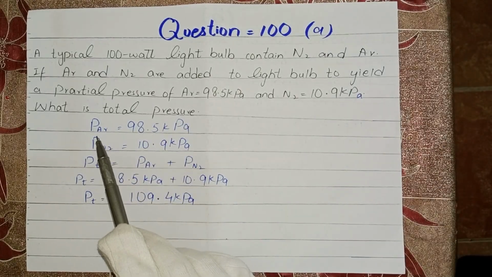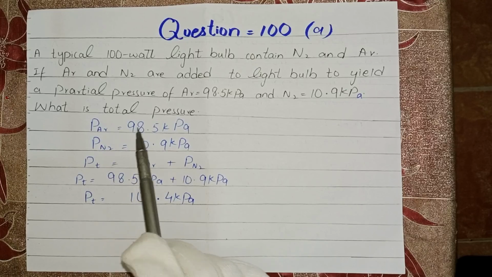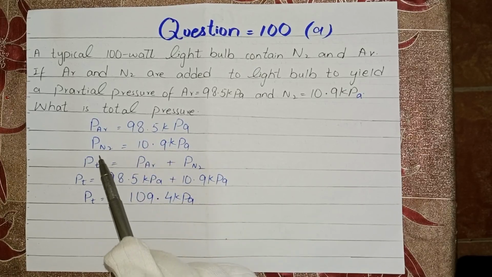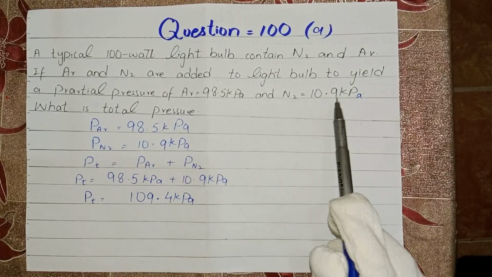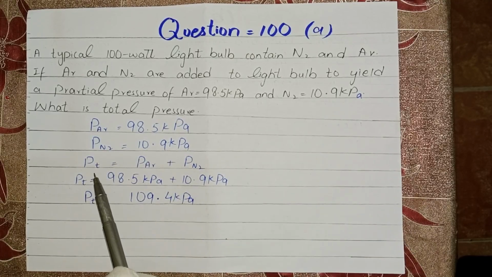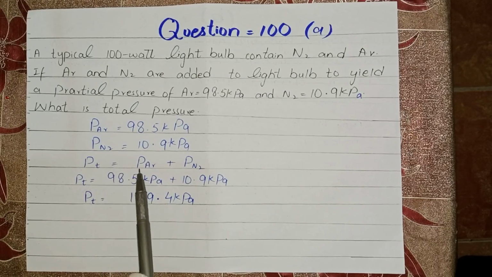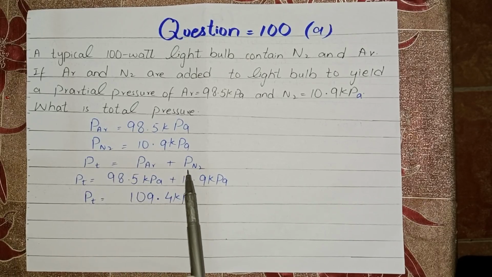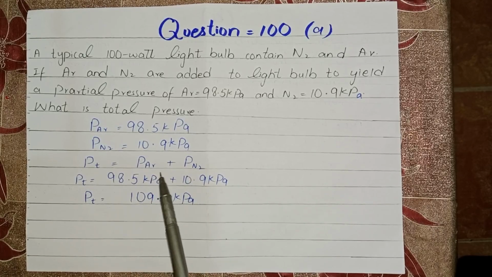The given data is partial pressure of argon, which is 98.5 kilopascal, and partial pressure of nitrogen, which is 10.9 kilopascal. We know the formula that the total pressure is always equal to the sum of the partial pressures of all gases. Then the total pressure is equal to partial pressure of argon plus partial pressure of nitrogen, 98.5 kilopascal plus 10.9 kilopascal.